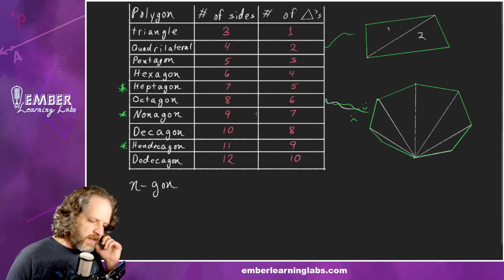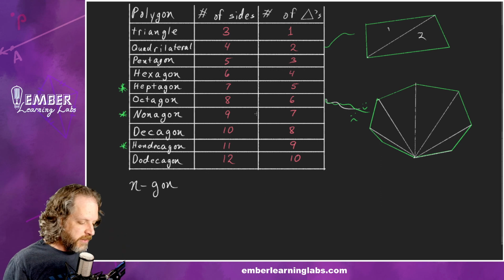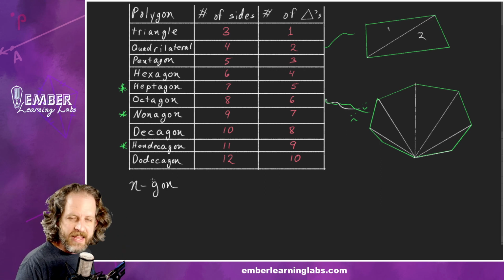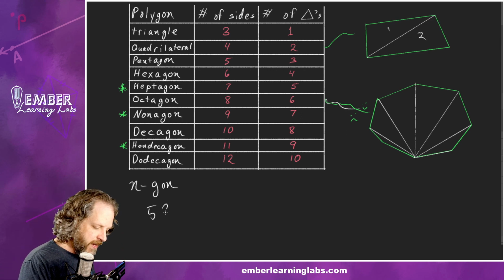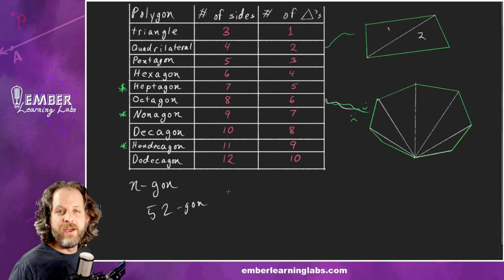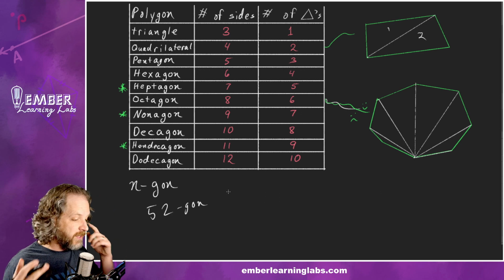Now, that's always going to be true. It's going to come into play on our next thing. I also want to note, anything bigger than a dodecagon is an n-gon, n being the number of sides. So if I have a 52-gon, that's a polygon with 52 sides, right? We can keep on doing that all the way till infinity.